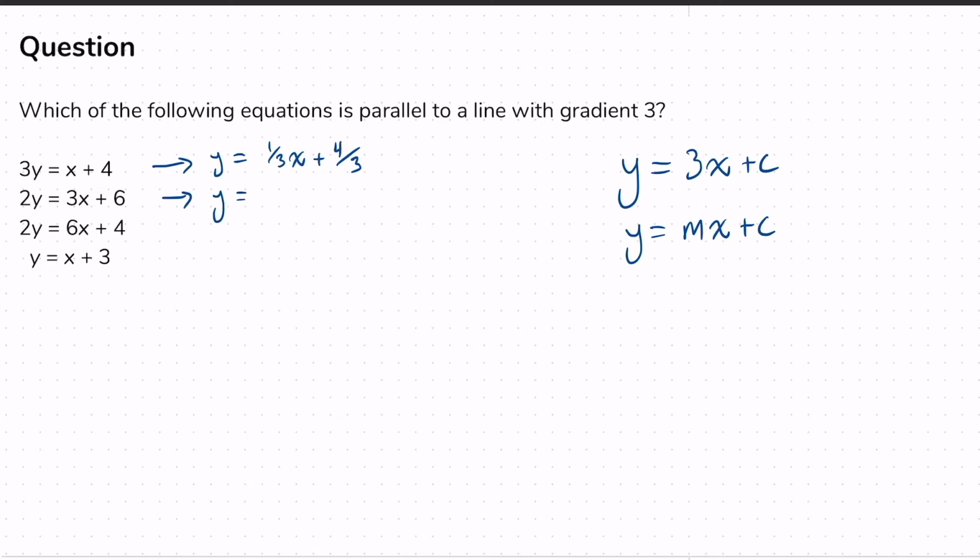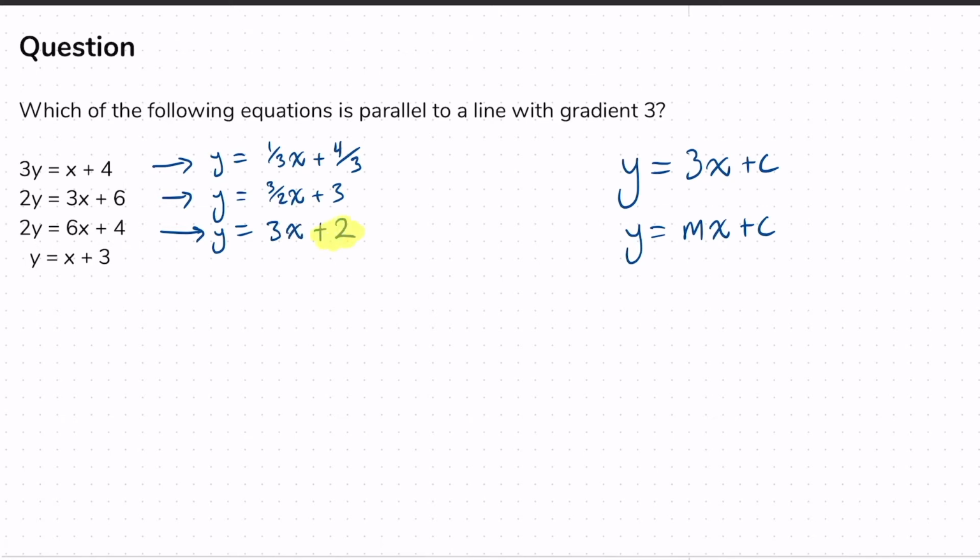This next one I divide both sides by 2, 3 over 2x plus 3. We can rule that one out. And seeing it already, I can rule out this one. Right? It's already in the right form, and 1 is not 3. So let's have a look at this last one. Divide everything by 2. 6 over 2 is 3x plus 2, 4 over 2.